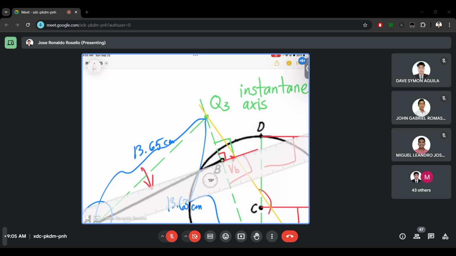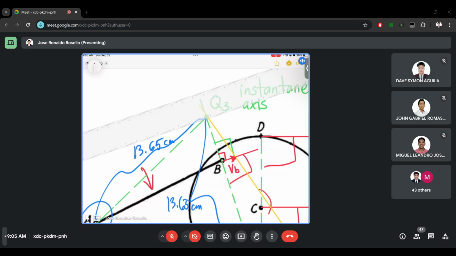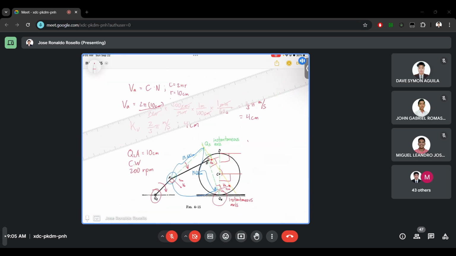So it is 1.3 centimeters. If we have velocity B, it's equal to 1.3 centimeters. You multiply it with the velocity scale, which is for every 4 centimeters, we have 2/3 pi meters per second. Cancel centimeters.